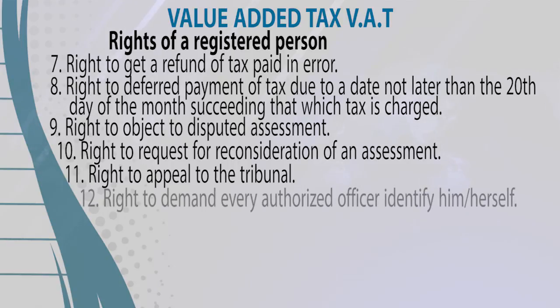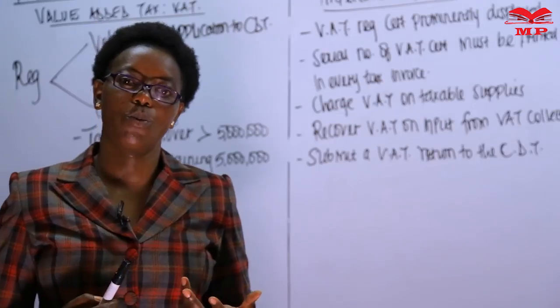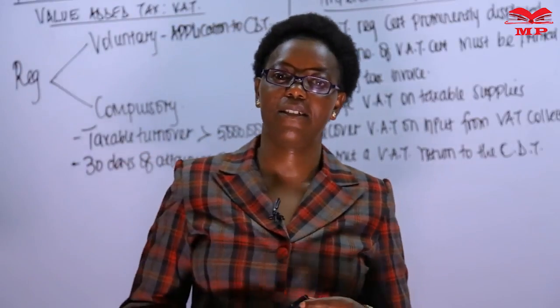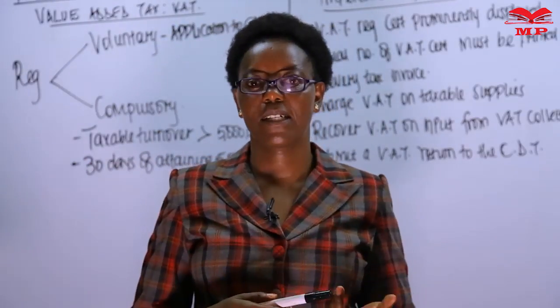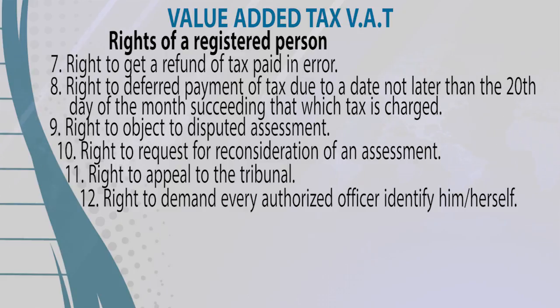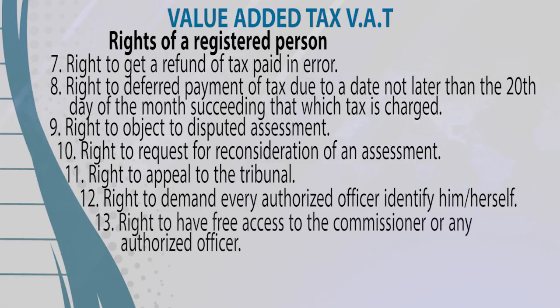Next, you have a right to demand that every authorized visiting officer identify himself or herself. That is going to be through the IDs, their identification cards from KRA. Then have free access to the commissioner or any other authorized officer.